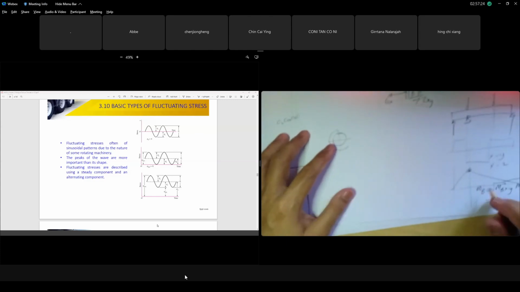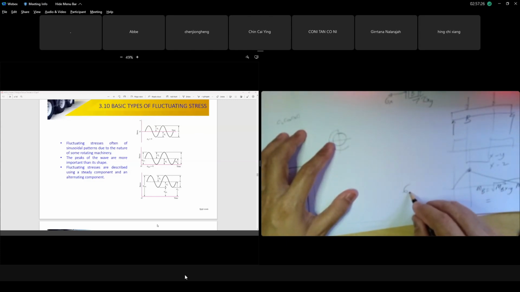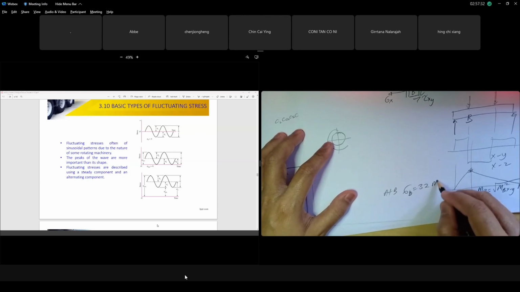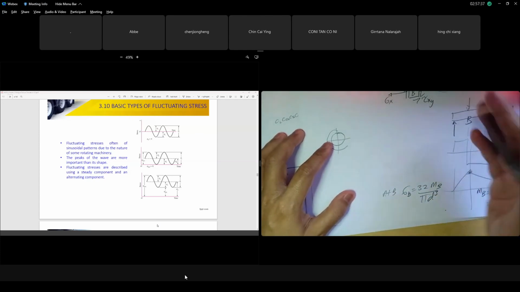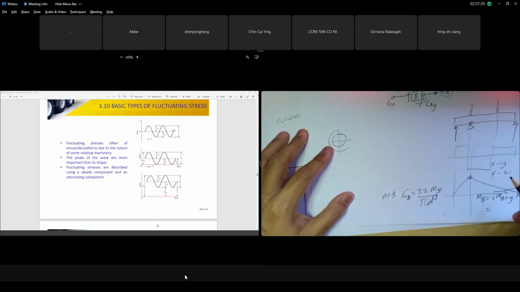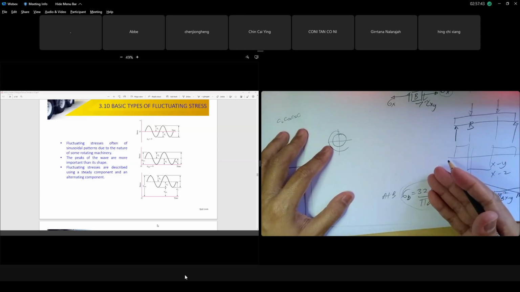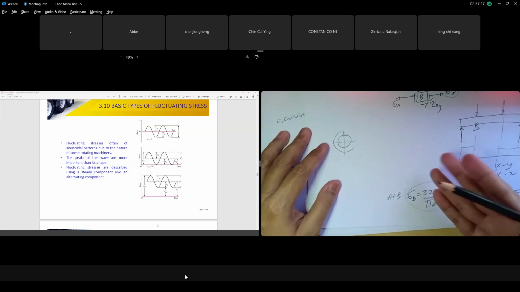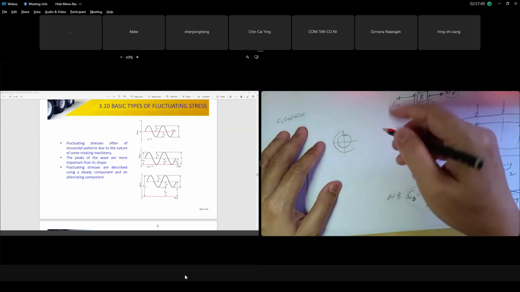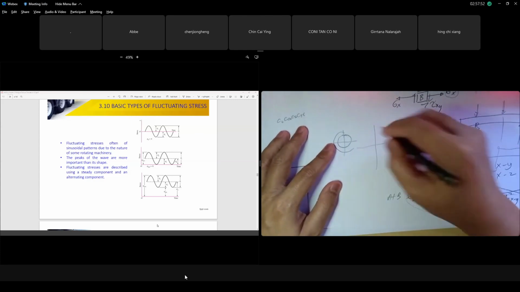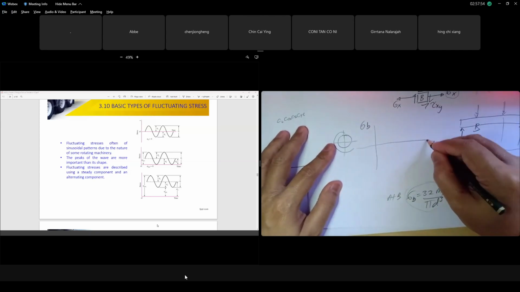So you know your bending stress at B: it is 32 times the total moment at B over pi d cubed, where d is the diameter of the shaft at section B. So your moment is just one value, not a maximum and minimum. In this case, you plot your bending stress, sigma bending, through time like this.